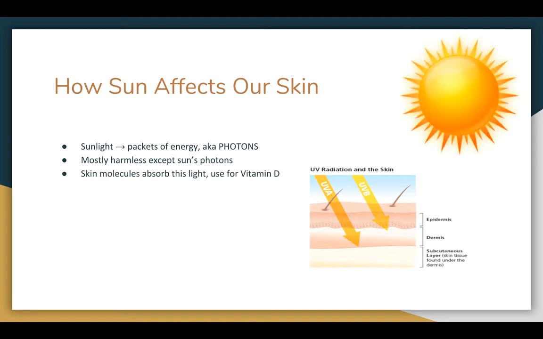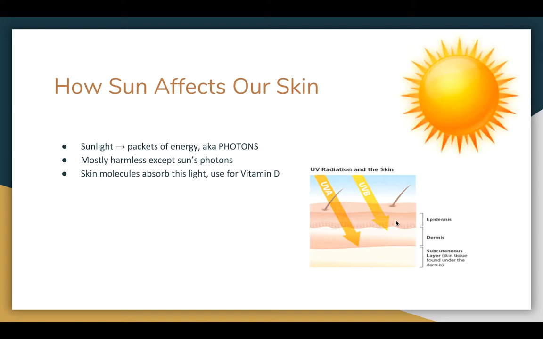So basically, the skin needs sunlight because it helps manufacture vitamin D. Now, vitamin D is really important because it allows for normal and strong bone formation. And within the skin's epidermal outer layer, which you can see in this little picture on the right, there are these cells that contain the pigment melanin.